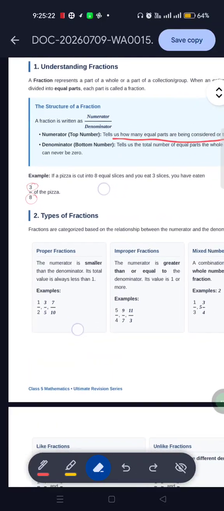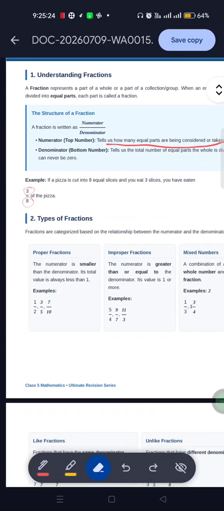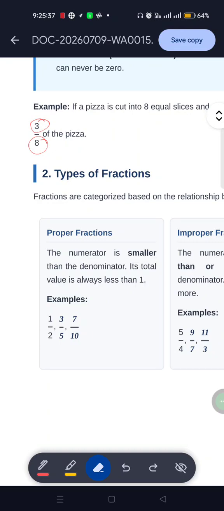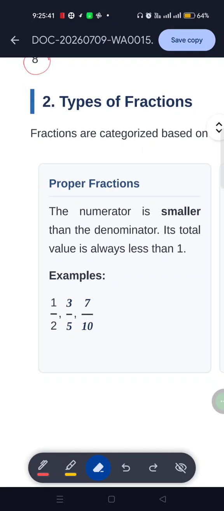Next we come to another point of our fractions. Now the second point, types of fractions. You will learn how many types of fractions there are. First, the proper fraction.